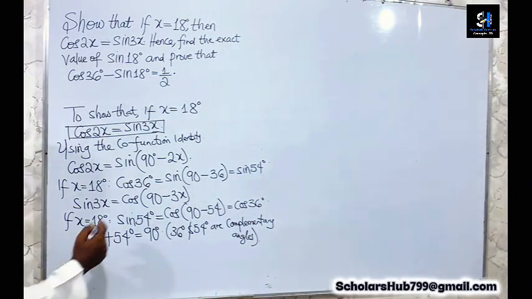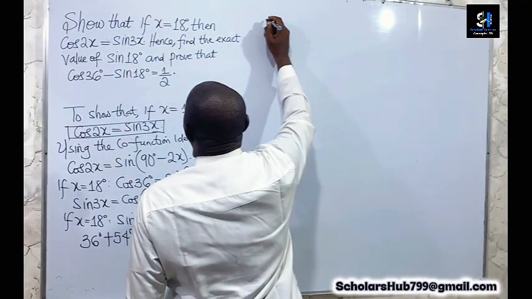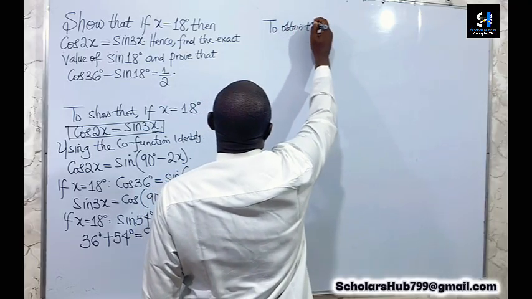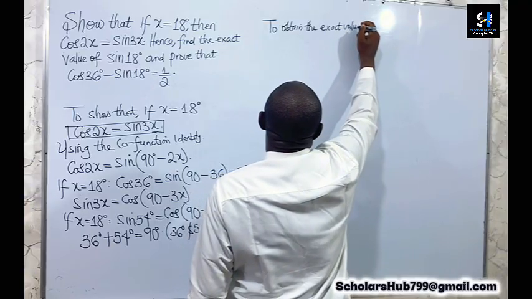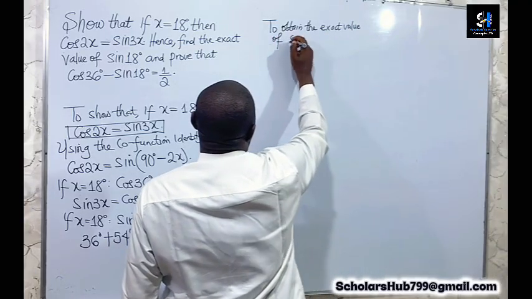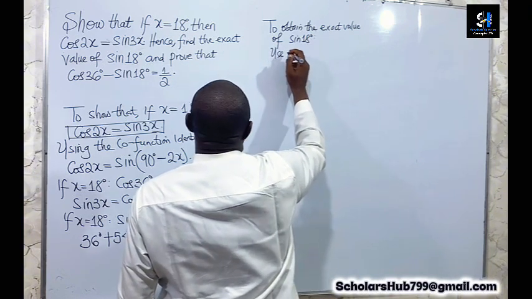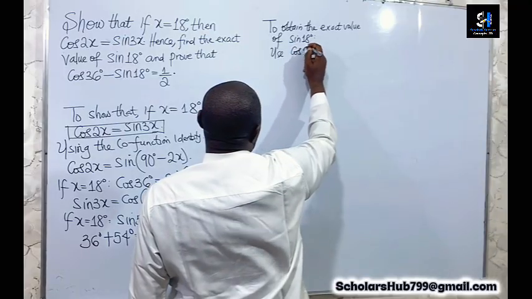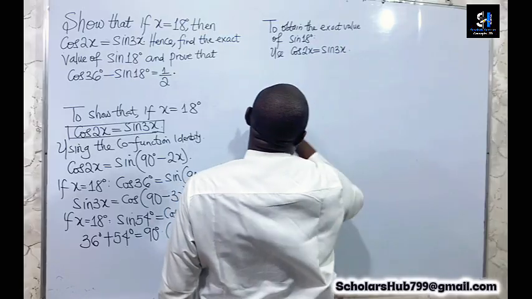Okay, so let me write it here. So we have to obtain the exact value of sine 18 degrees, and I'm going to use cos 2x equals sin 3x.